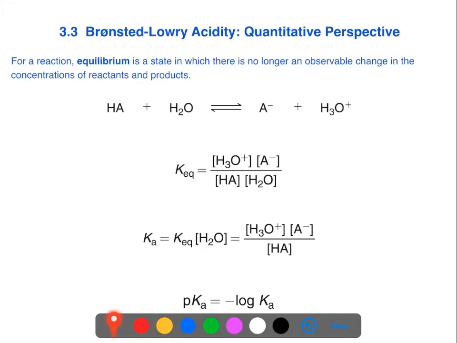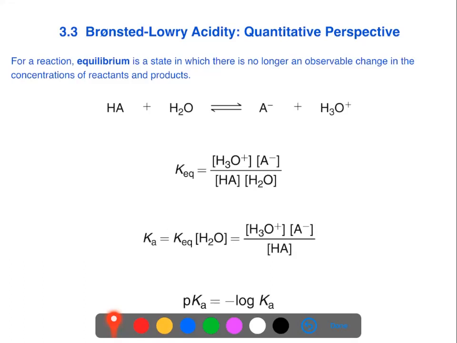So for acids, we will often describe this equilibrium in terms of the dissociation of the acid. And so Ka is used to describe the dissociation of the acid to its hydronium and conjugate base.